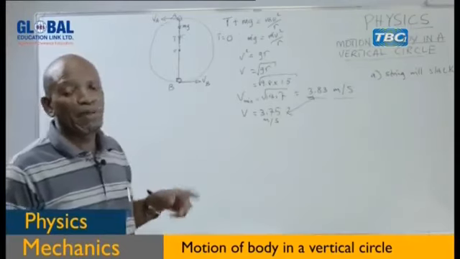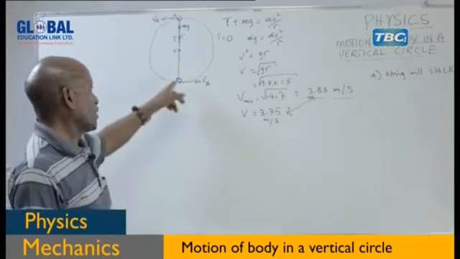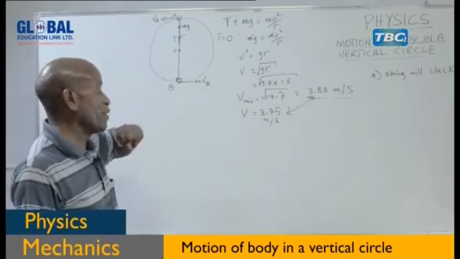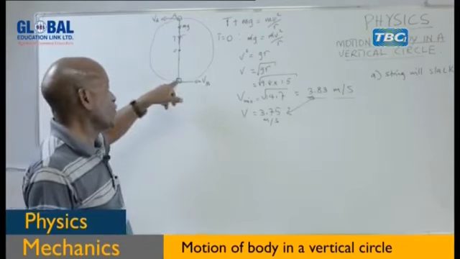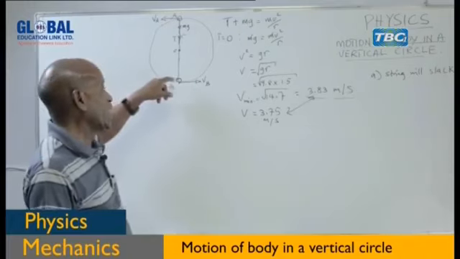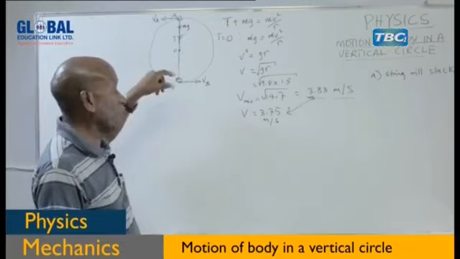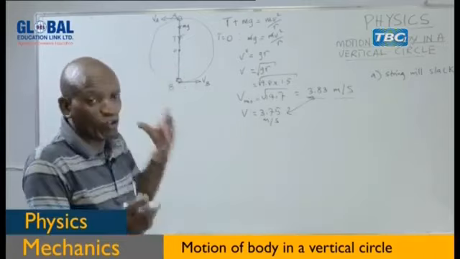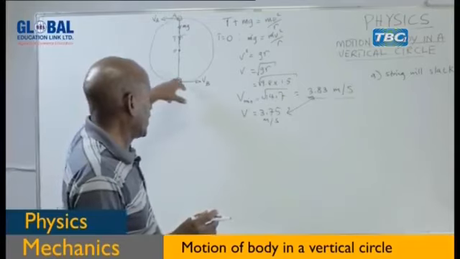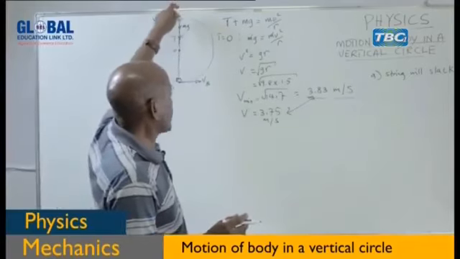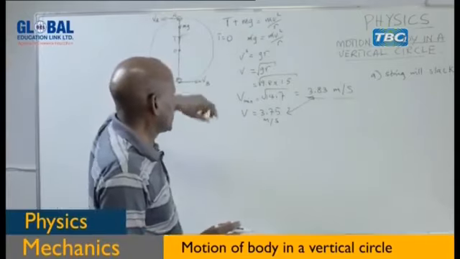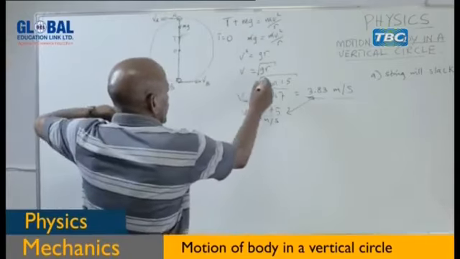To determine this minimum speed at the lowest point, which is VB, it should be the velocity at which the total energy possessed by the body at the bottom, whenever it reaches the top, due to conservation of energy, should give a velocity which is just equal to V equals the square root of RG.